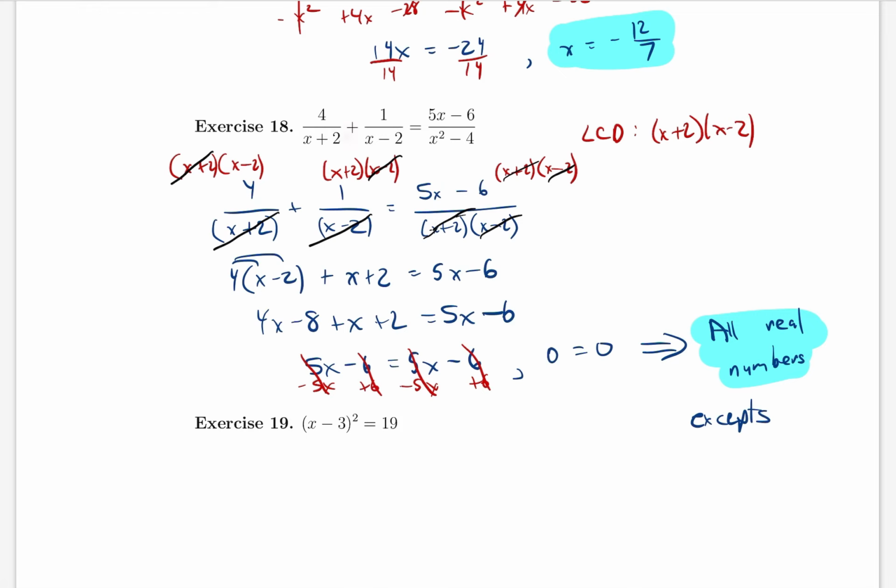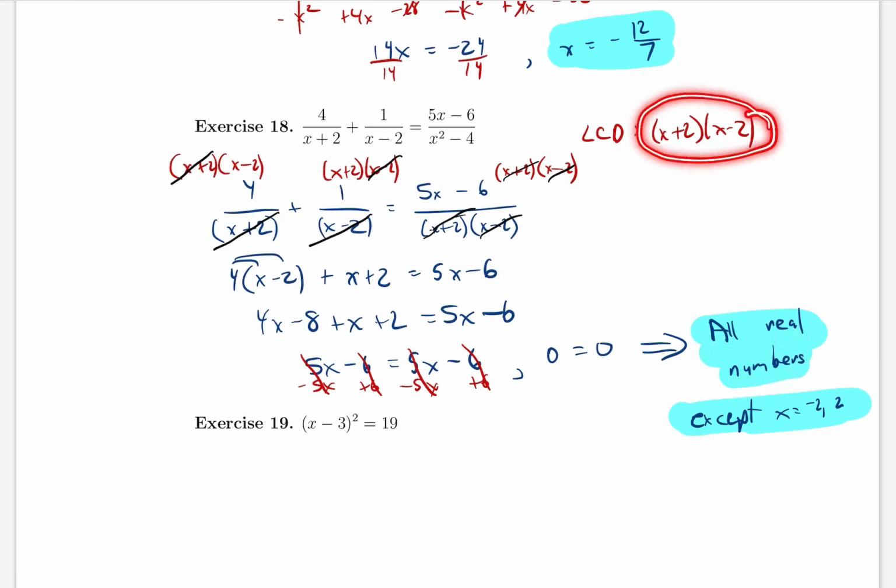So if you set this equal to 0 and solve for x, you're going to get negative 2. And over here, you're going to get positive 2. So that means there are two values where it cannot equal, except 2 and negative 2. All right, so that's one way to write your answer: all real numbers except x equals negative 2 and positive 2.